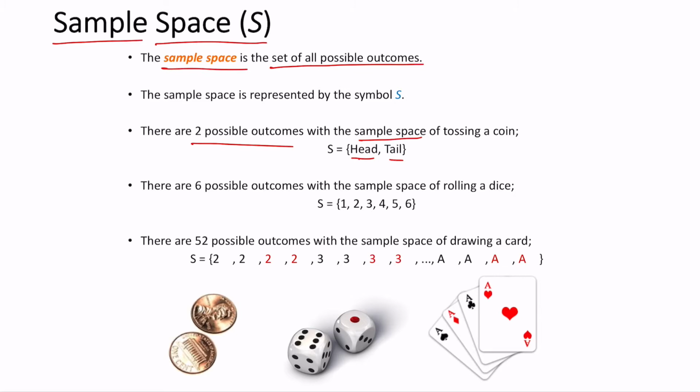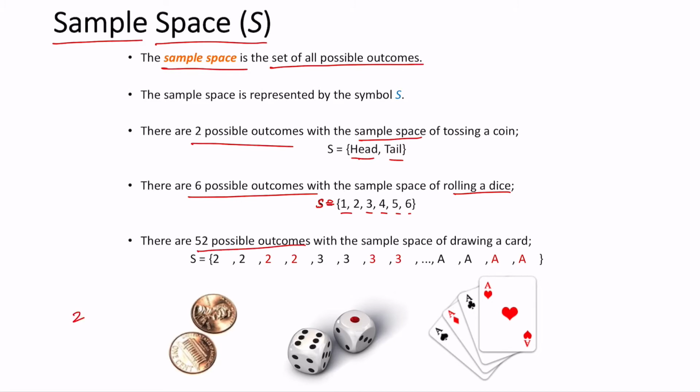In the same way, when you throw a dice, it has 6 outcomes, 1, 2, 3, 4, 5 and 6, so the sample space contains 6 events. In the same way, drawing cards contains 52 possible outcomes.